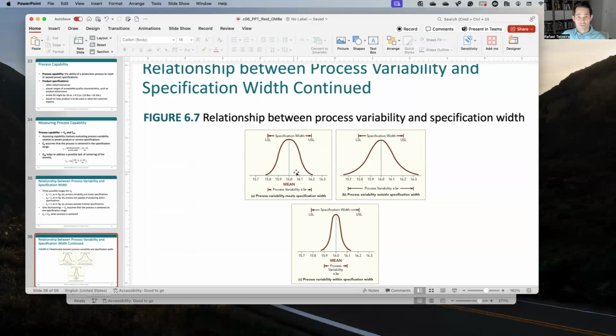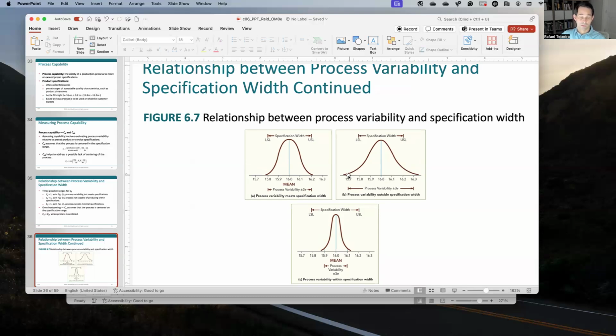As long as machines are filling within this range, it is capable. This one is not capable. You see here is the lower specification limit, but some bottles of water are being filled with less than 15.8, and some with more than 16.2 ounces. So it's not capable, it's wrong.